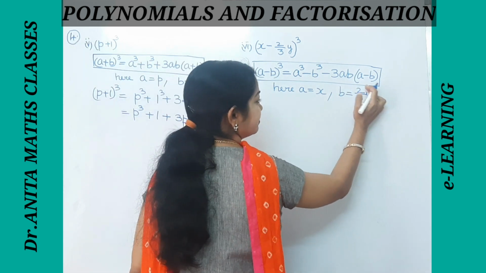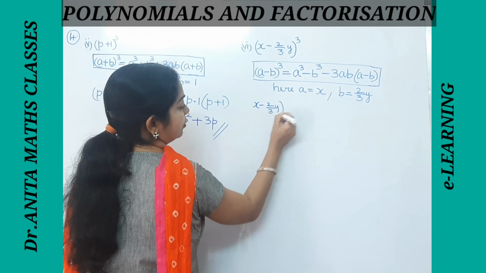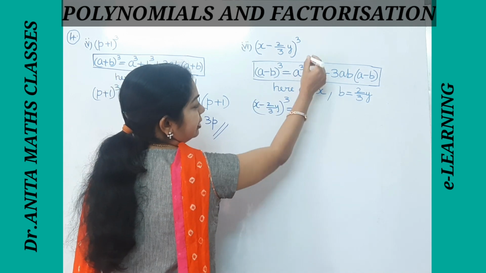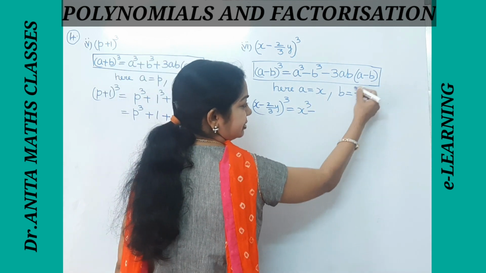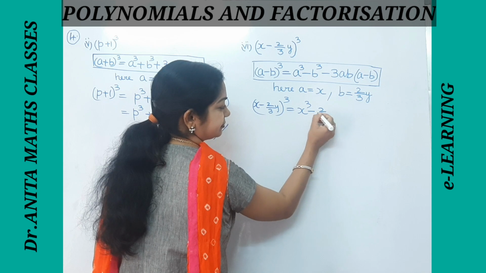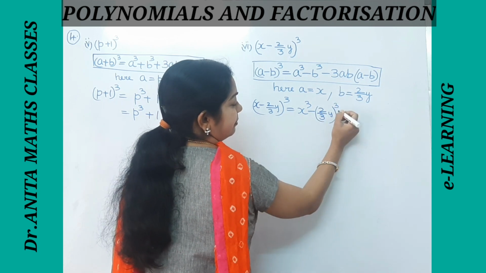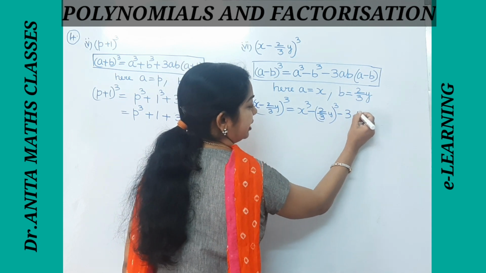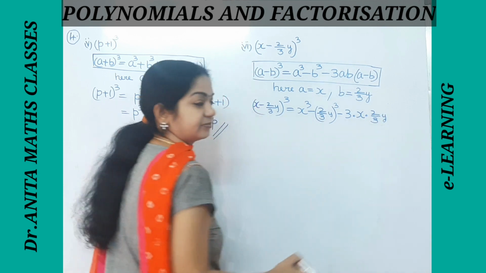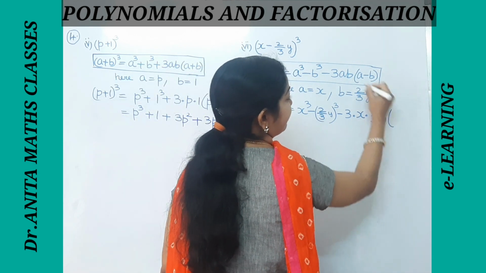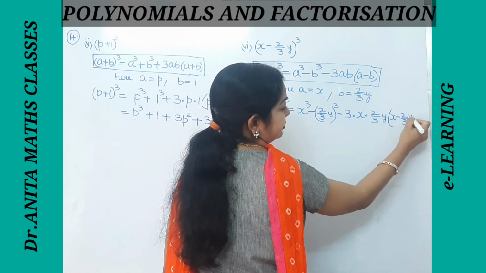So we will substitute: x minus 2 upon 3y whole cube equals a cube, that is x cube, minus b cube, the complete fraction, 2 by 3y whole cube, right, minus 3 into a, which is x, into b, which is 2 by 3y. Again we have a minus b, that is x minus 2 by 3y, right.